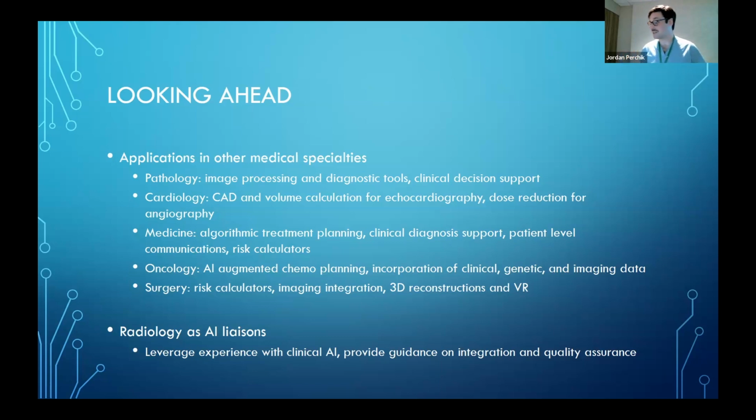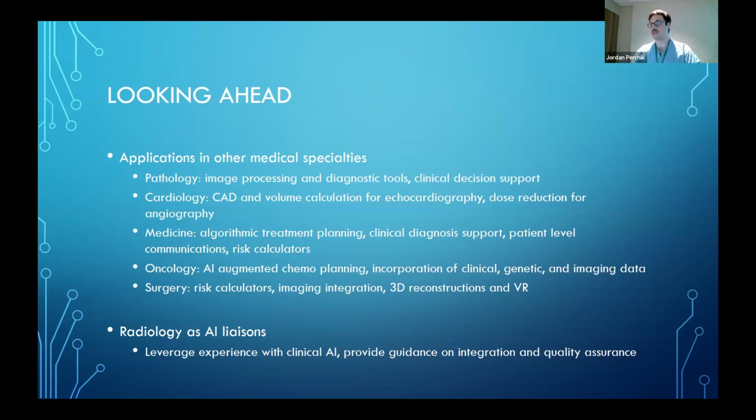I sometimes have to convince other specialties that AI is not just limited to radiology or medical imaging. This is something that is going to be coming for every specialty, and every specialty is going to need to understand it and know how to embrace it, and not only embrace but know how and when to be skeptical.